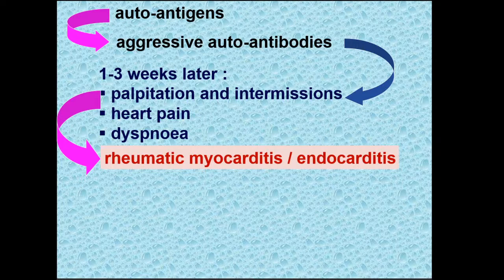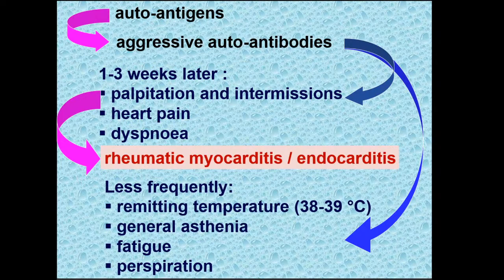It is more grave if the pathological process, the adhesion of the antigen complex, is on the endocardium. As a result there will be inflammation and then deformation of the valves and orifices.